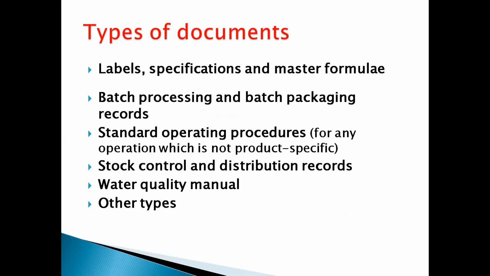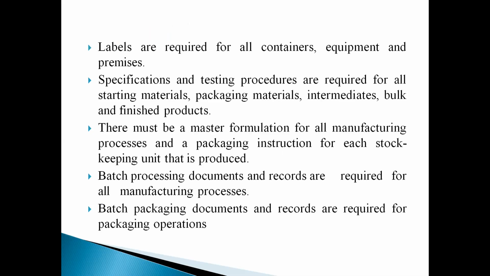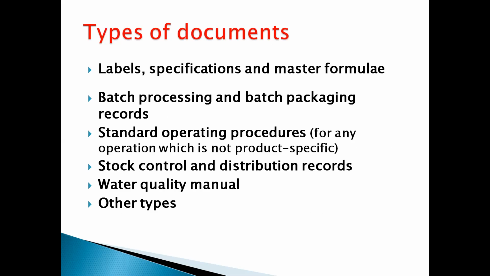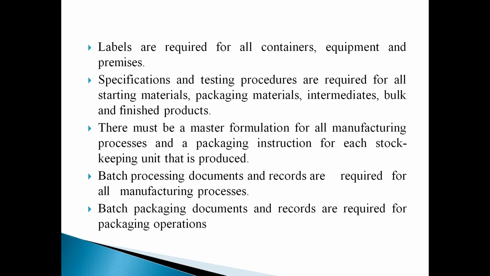Then types of documents: labels, specifications, and master formula, batch processing and batch packaging records, SOPs, stock control and distribution records, water quality manual, other types. Let us see in detail. Labels are required for all types of containers, and we also need them for equipment, premises, and all.